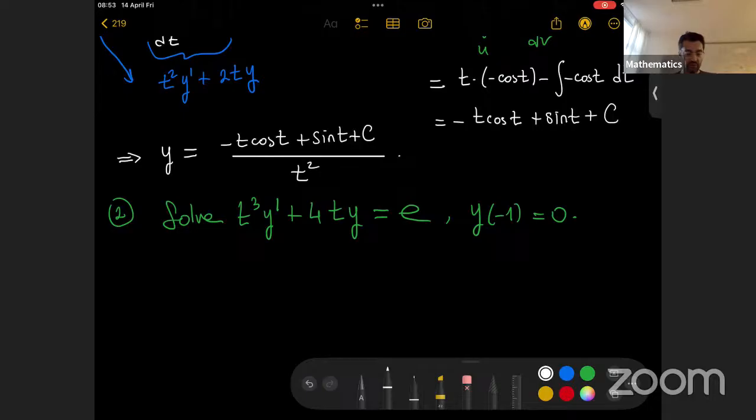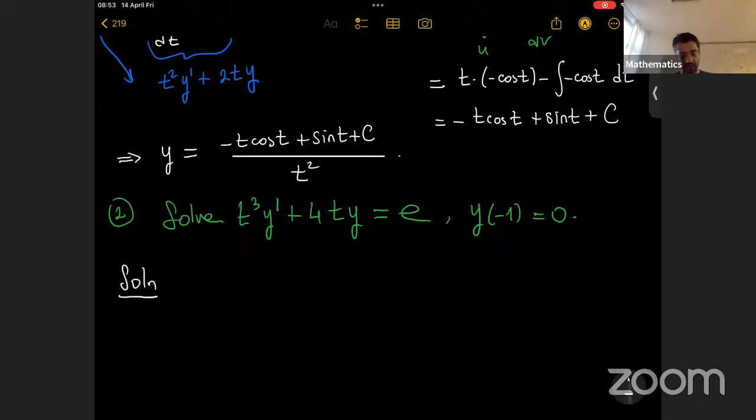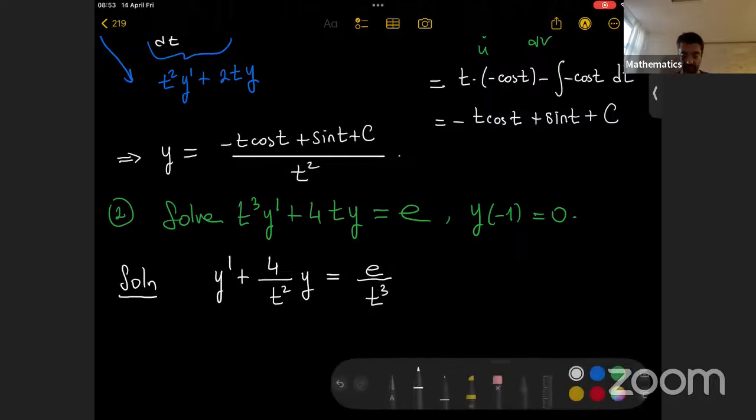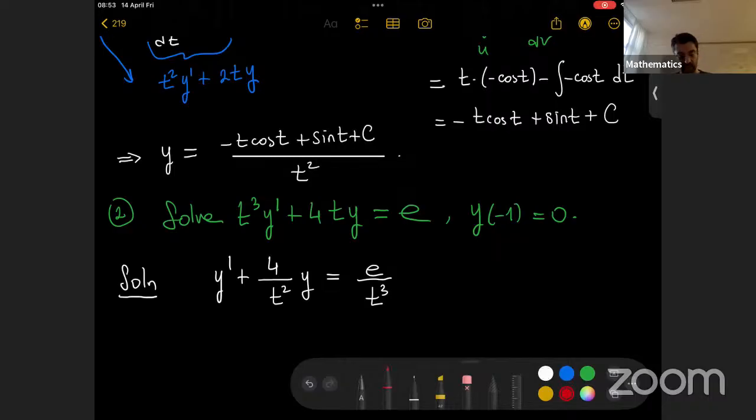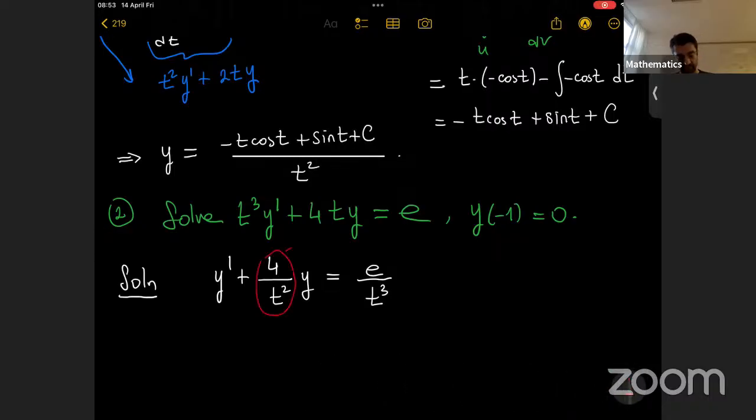It's a first order linear equation. So let's write it in the linear form. y prime plus 4 over t squared y is equal to e over t cubed, right? So it's a first order linear equation, and again 4 over t squared is p, okay?